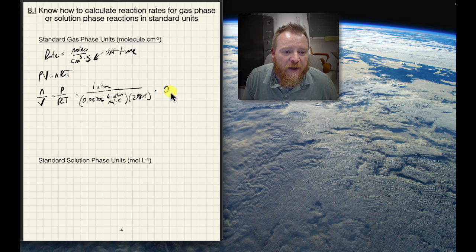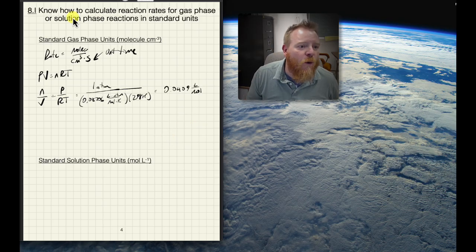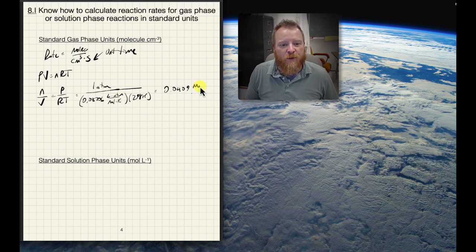That ends up being, to 3 significant digits, 0.0409 mole per liter. I was so used to thinking about our partial volume stuff we were doing earlier.